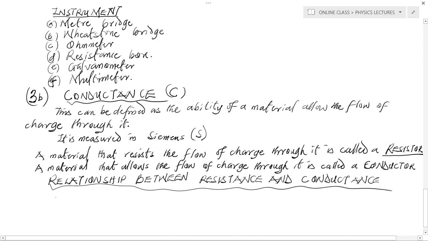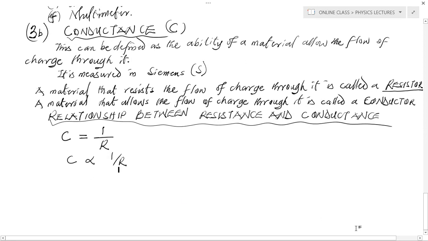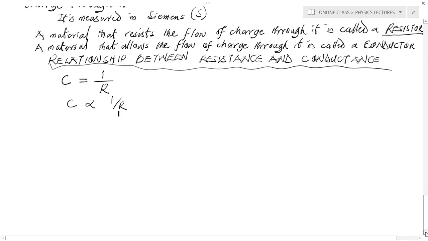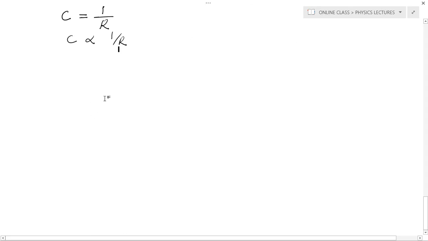You know, resistance is R. C is always equal to 1 over R. That is, C is inversely proportional to resistance. Increase in resistance of a material reduces the what? The conductance. That's sure.